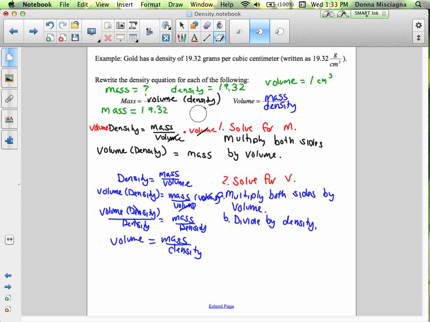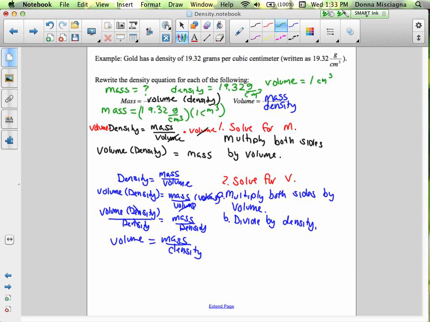What was the one thing I forgot for density? Putting units, yeah. I forgot to put in the grams per centimeter cubed. So this would be 19.32 grams per centimeter cubed times our volume, which was 1 centimeter cubed.